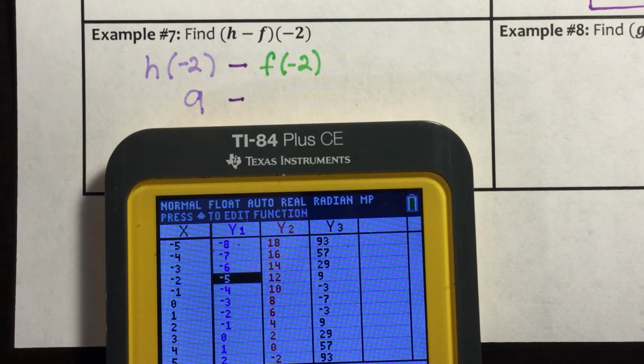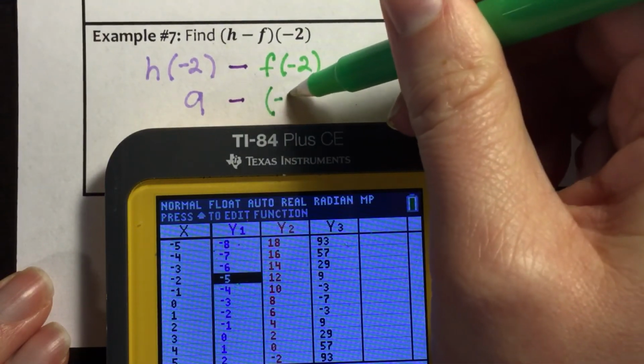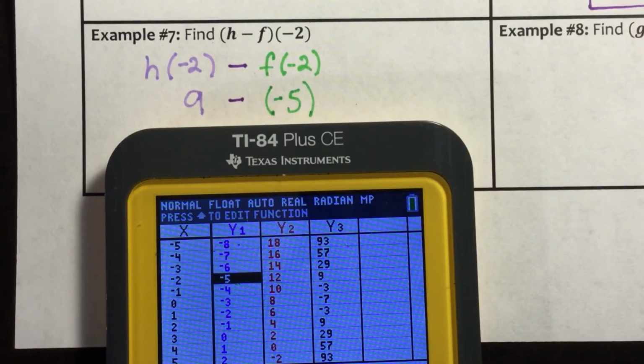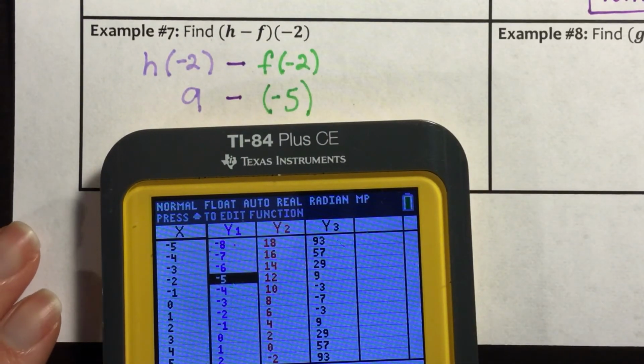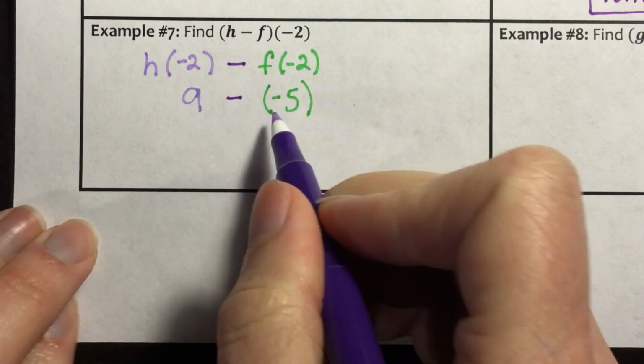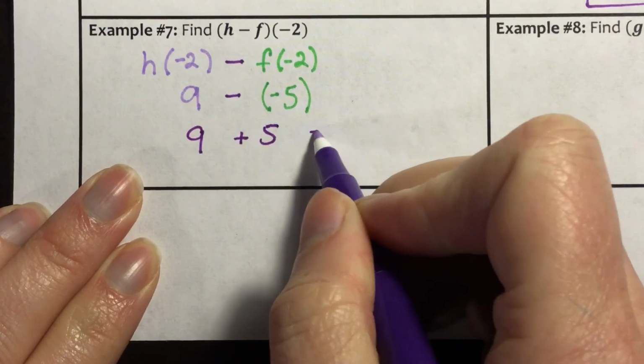F was our first function we plugged in, so if x is negative 2, f of negative 2 is negative 5. I'm going to use parentheses around that negative 5 just because it's the second thing that we are writing down, so it gets the minus a negative. All right, 9 minus negative 5 is the same thing as 9 plus 5, which is 14.